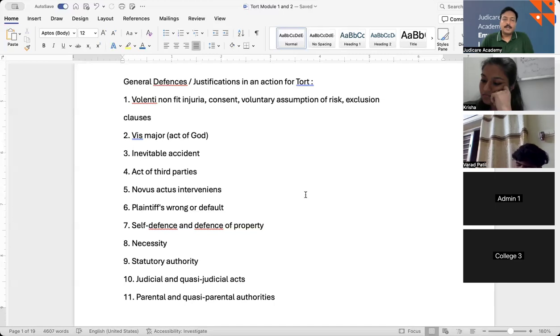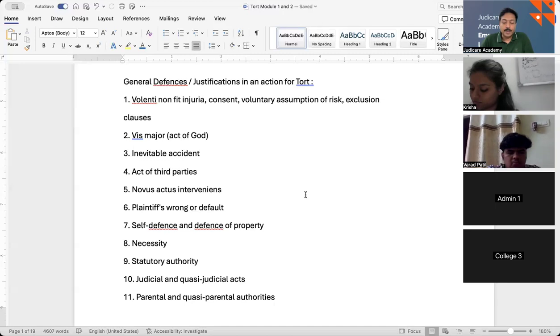Novus actus interveniens. New act intervening. Novus actus interveniens is new act intervening. What does it mean? A new intervening act that breaks the chain of causation between a defendant's action and the harm suffered by the plaintiff. This concept is essential in determining liability when subsequent actions significantly alter the outcome of the situation.